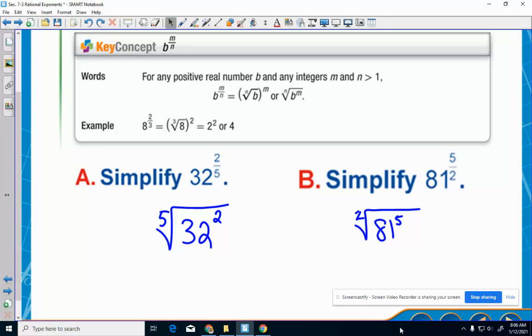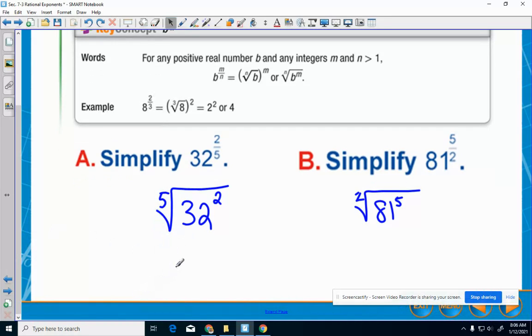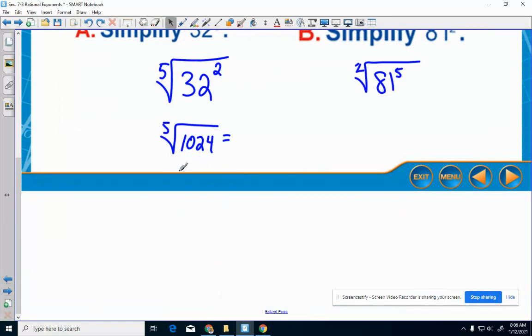If we look back at this first one, 32 squared is really the same as 1,024. So essentially what we're asking ourselves here is, can we find one of five identical factors that will equal 1,024, or a fifth root of 1,024, and that is 4.